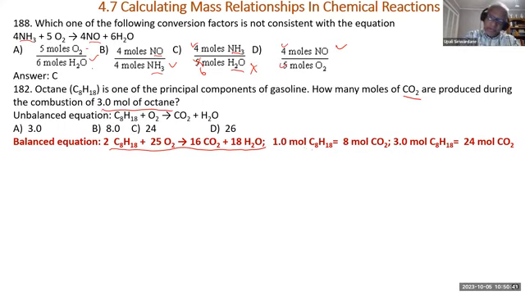Therefore, you have to find the conversion factor between octane and carbon dioxide. That's 1, 2 to 16, the simple ratio is 1 to 8. Therefore, 1 times 3 is 3 here. Therefore, 24 moles of carbon dioxide is produced. The answer to the question is C.